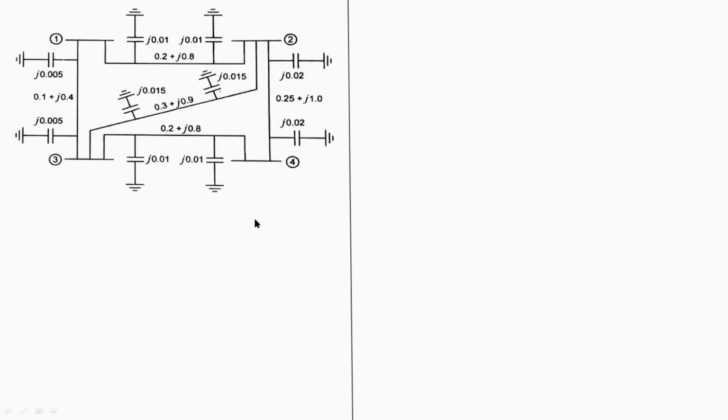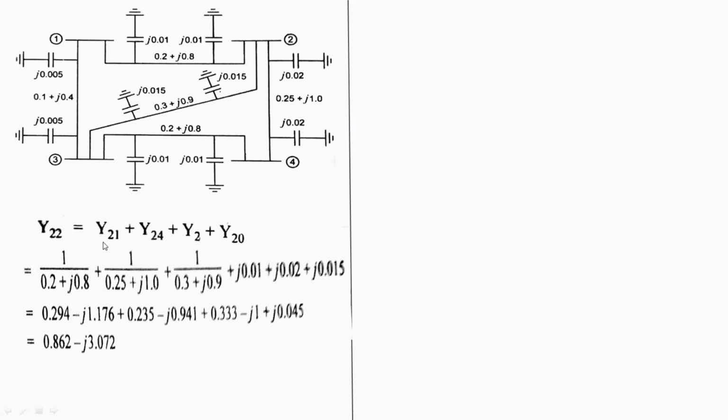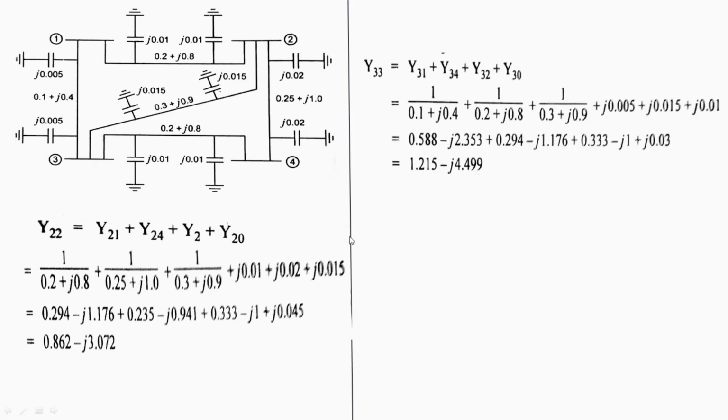Similarly, we calculate the self admittances of buses 2, 3, and 4. For Y22, consider the lines connected to this bus: the branches to buses 1, 4, and 3, plus the half line charging admittances.